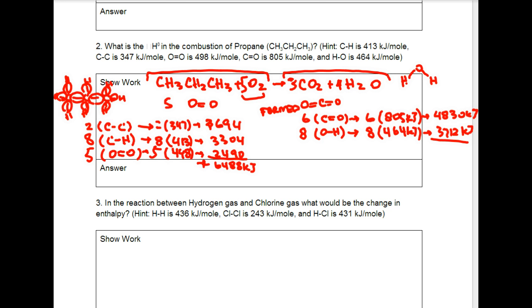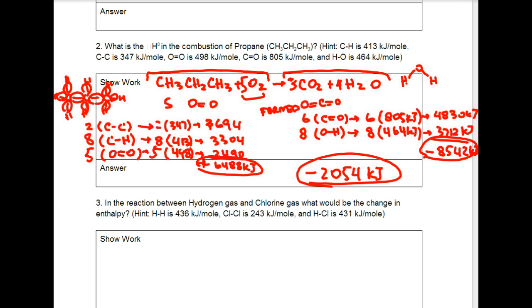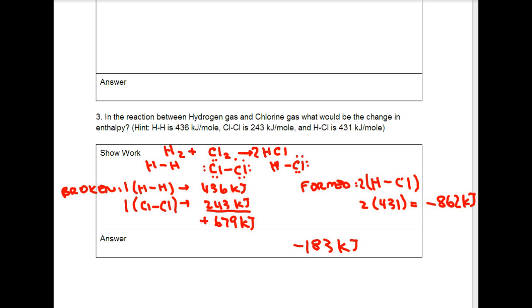So the total for the amount of energy that's being formed is 8542 kilojoules. So the sum of what's being broken and what's being formed, we should get negative 2054 kilojoules for this entire reaction. And for the final question, we have hydrogen and chlorine gas.